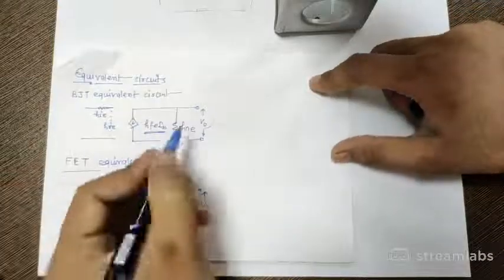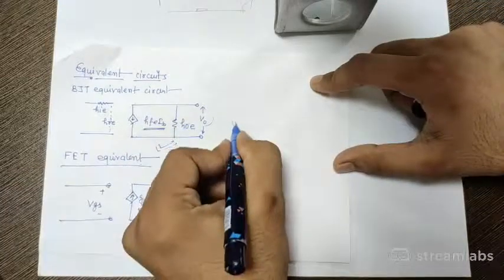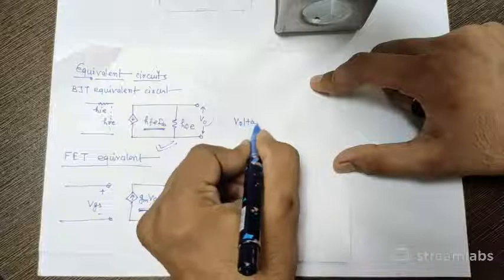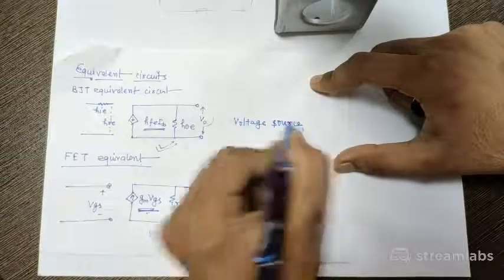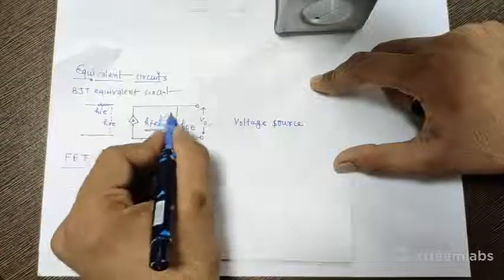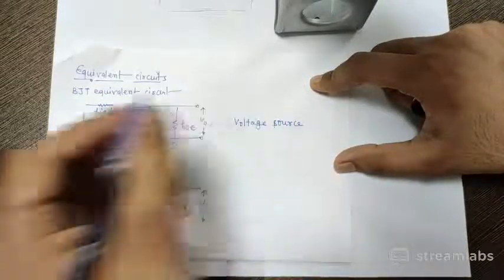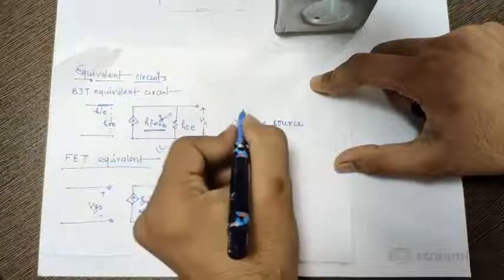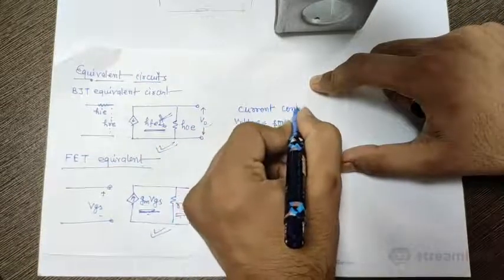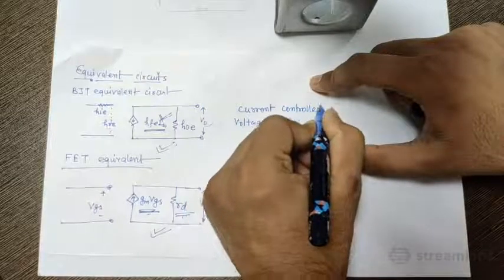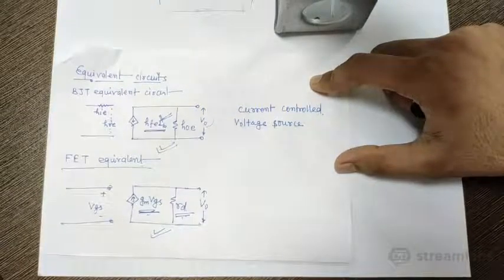That BJT is a voltage source dependent on the input current. So, current controlled voltage source.